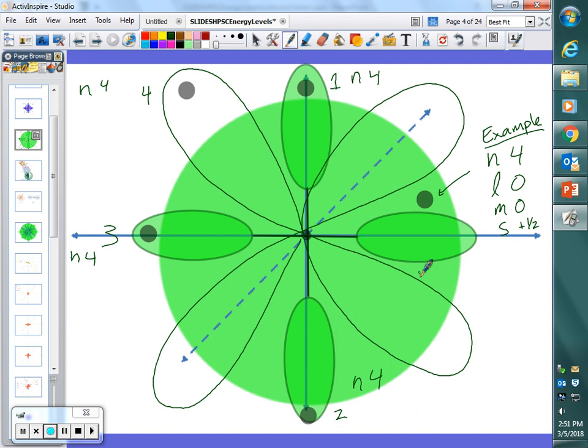No, not this one. This one. I thought they were all the same one. Now look where number 4 is. Oh, I thought number 2 was number 4. Okay.